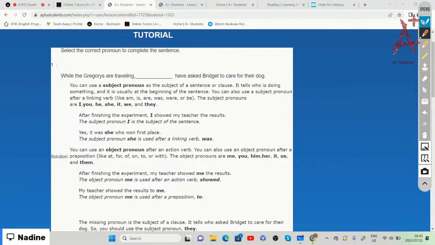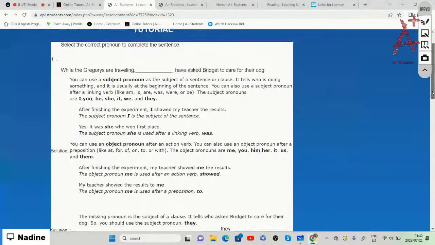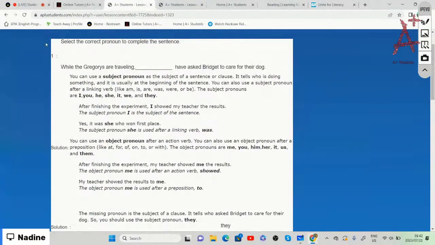All right, so now if we look at our question, it says you need to select the correct pronoun to complete the sentence. While the Gregories are traveling, we need to choose the correct pronoun, have asked Bridget to take care of their dogs, right?